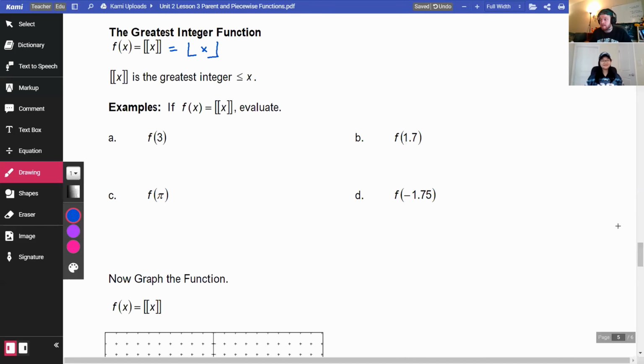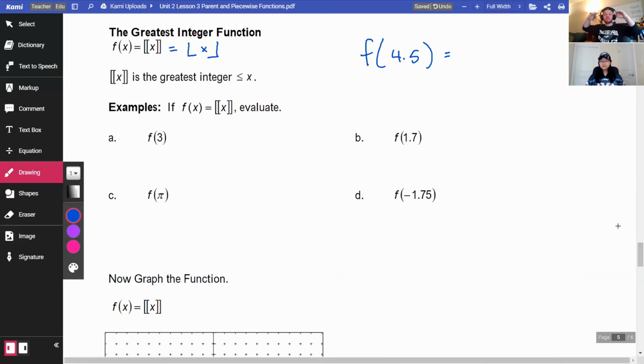This function says when you plug a number in, so let's say 4.5, you get the greatest integer that is less than or equal to that number. So there's some less than or equal tos involved. So it's a little bit counterintuitive.